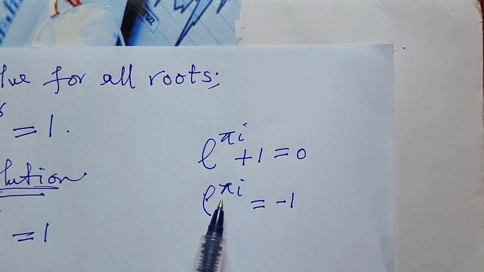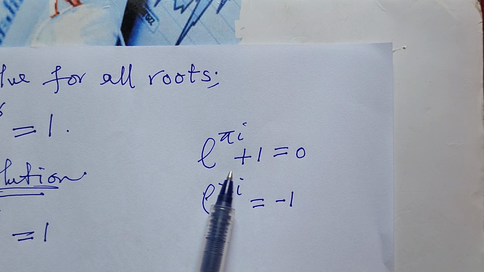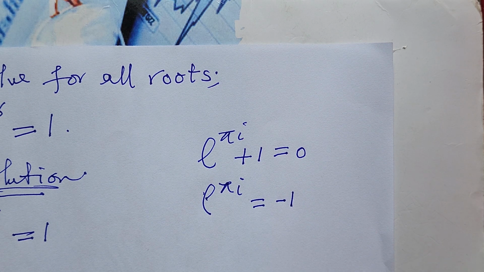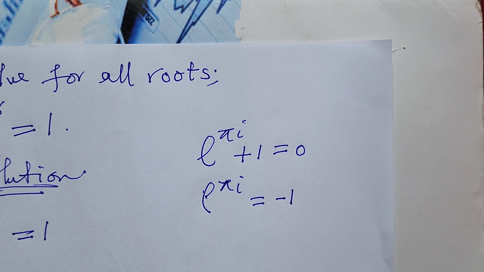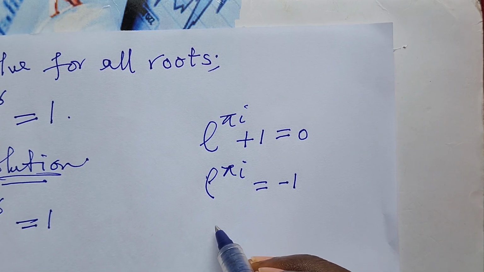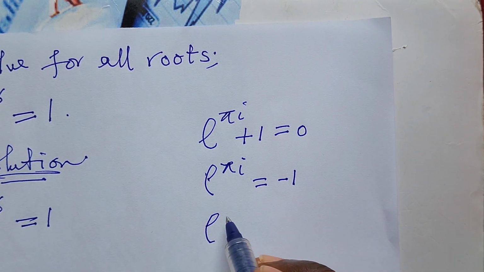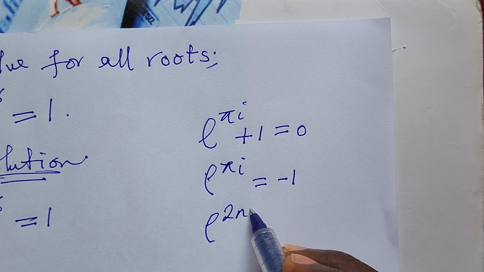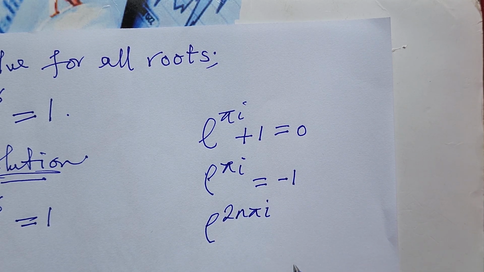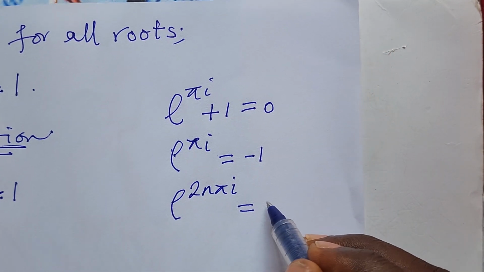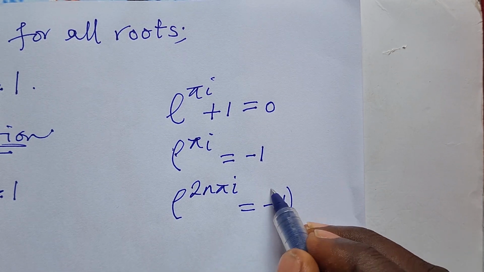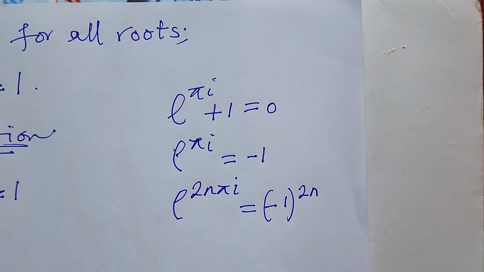So what we need to do is to raise the power on the left hand side and on the right hand side to a constant, which is 2n. If we do that, this is going to give us e to the power of 2n pi i equal to minus 1 to the power of 2n also.